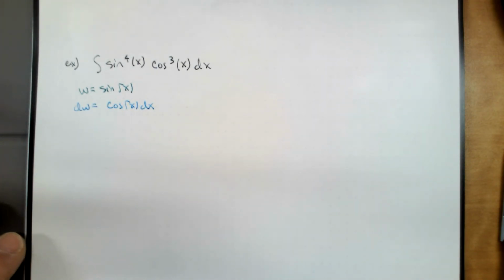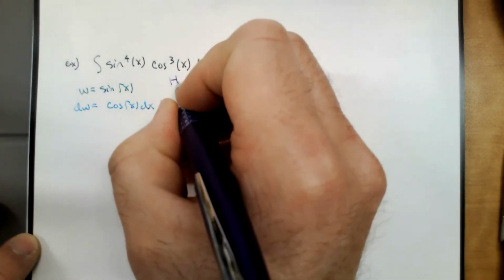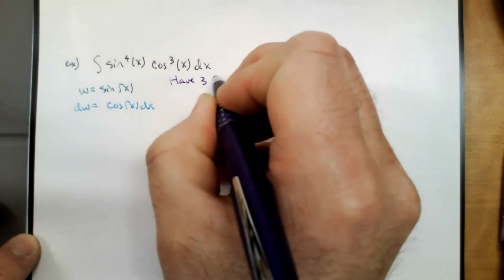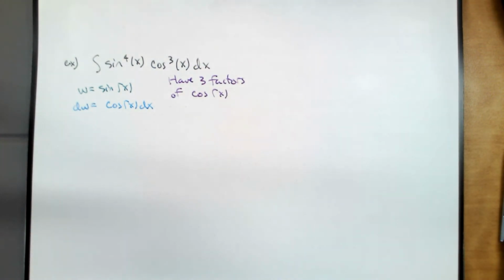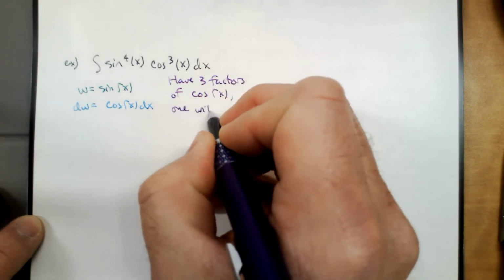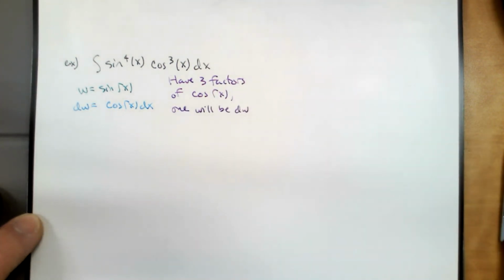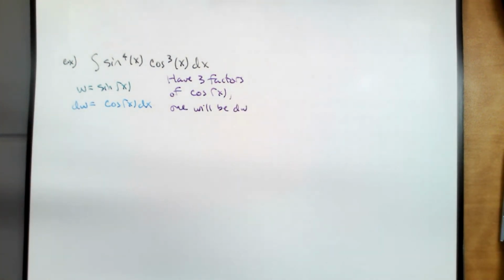So the way I'm looking at this, I have a sine to the 4th. One of the factors of cosine is going to be the dw. Then there are 2 factors of cosine left over.